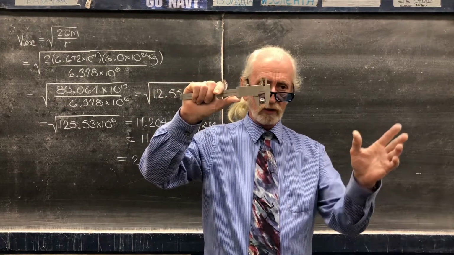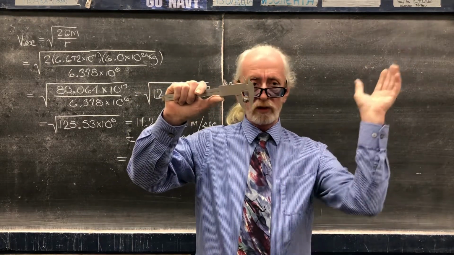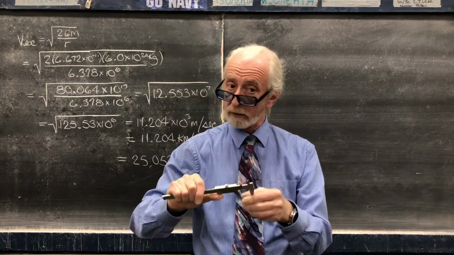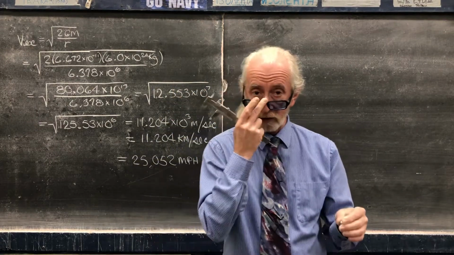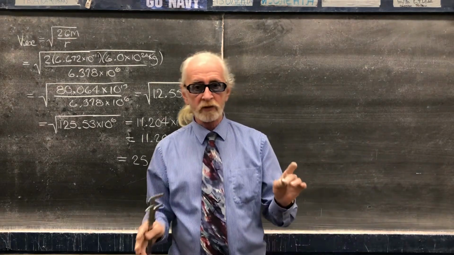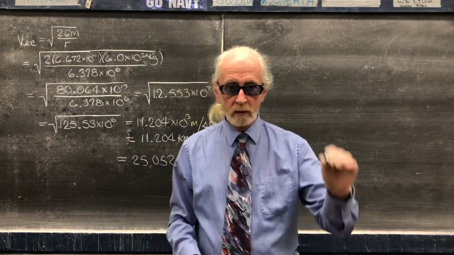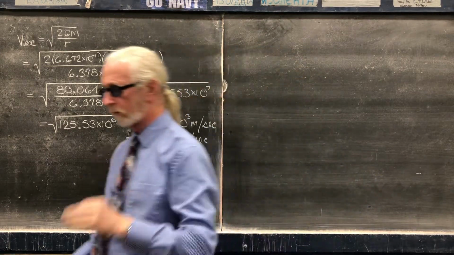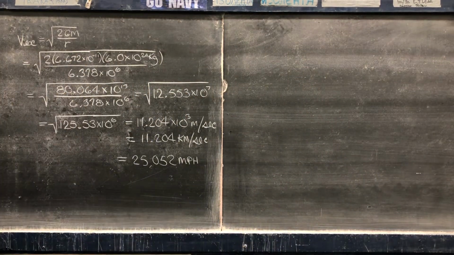So what we're saying is, what would happen if we could somehow compress the Earth down to something this size? And we kept the mass. We're going to keep the mass of the Earth, 6.0 times 10 to the 24th kilograms, but we're just going to squeeze it down into an object this size. What happens? Well, we've already done most of the math here.